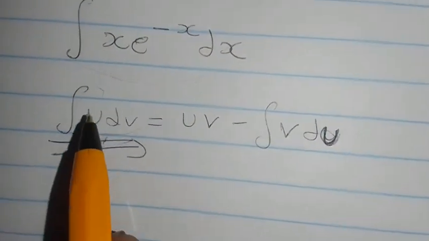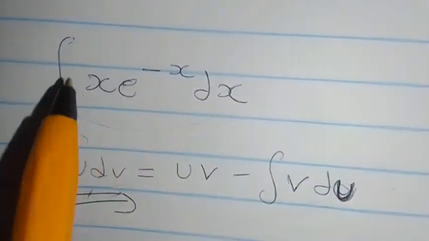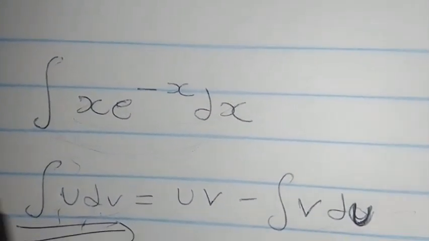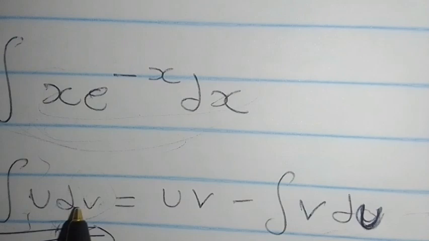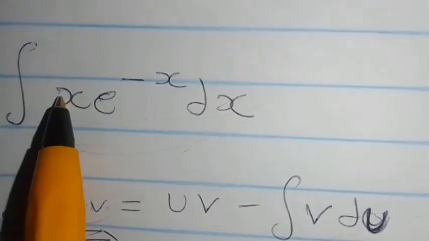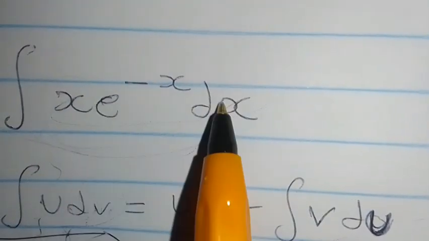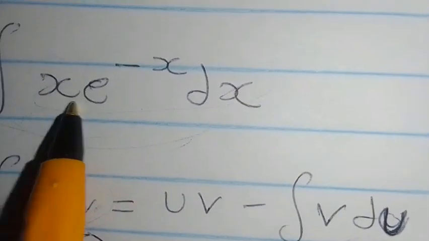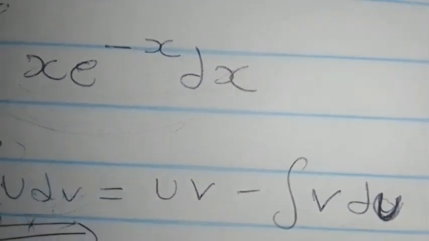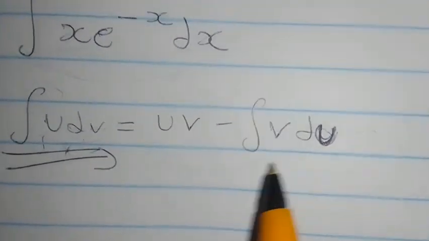So what I'm saying is you have to pick u, and the rest of that will be dv. Now dv must be integrable. Notice that here both x and e to the power minus x can be integrated directly. But letting u be x will make it simple to work out the integral on this side.